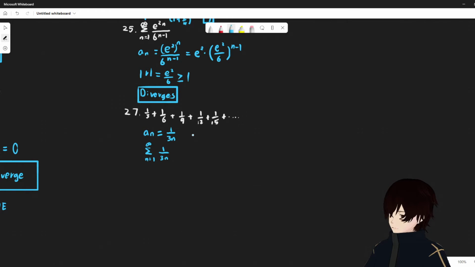The limit as n approaches infinity of 1/3n is equal to 0. Yeah, I need to double check how to do this.